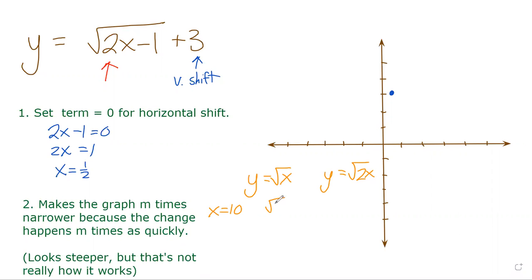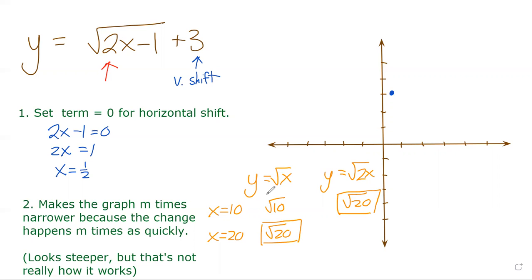So this would be root 10, this would be root 20, and if x is 20, I'll put this one here. Let's compare these two for a minute. By the way, both of these start at 0, right? When x is 0, y is 0.